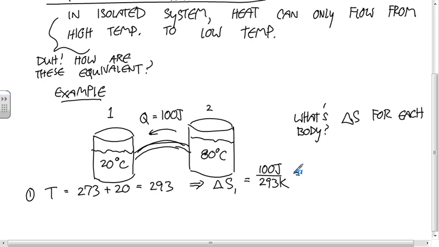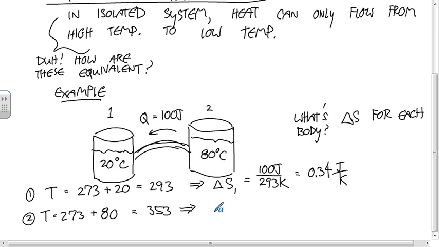Can someone divide that for me? Okay, joules per Kelvin. And now for body 2, the temperature is 273 plus 80, so we have 353.